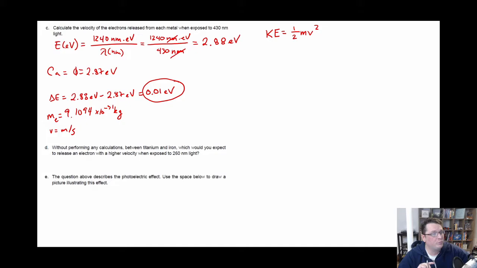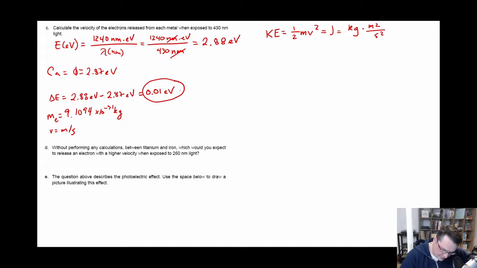One thing you can prove to yourself is that the kinetic energy, the mass, and the velocity all relate to each other. The kinetic energy has to be in joules, because a joule is equal to a kilogram meter squared over second squared. So the next thing we have to do is convert that energy difference into joules.